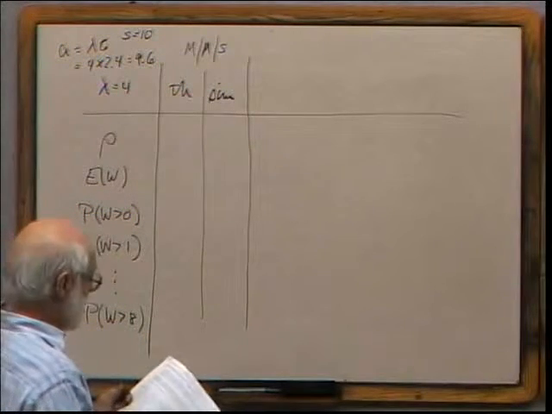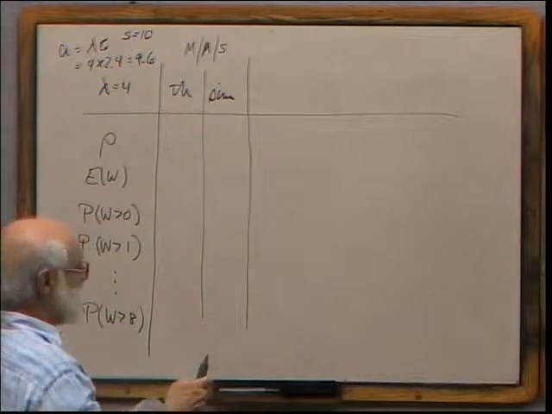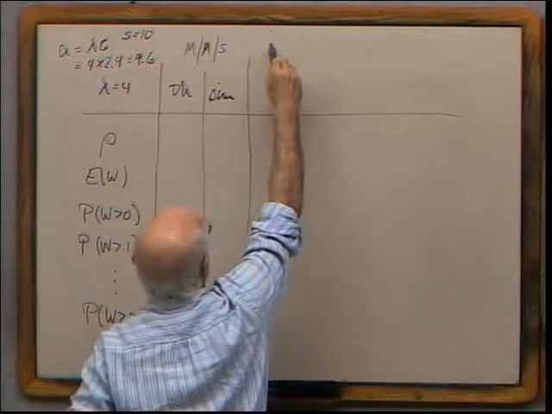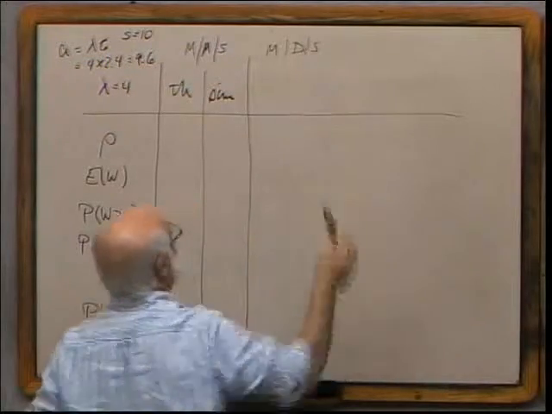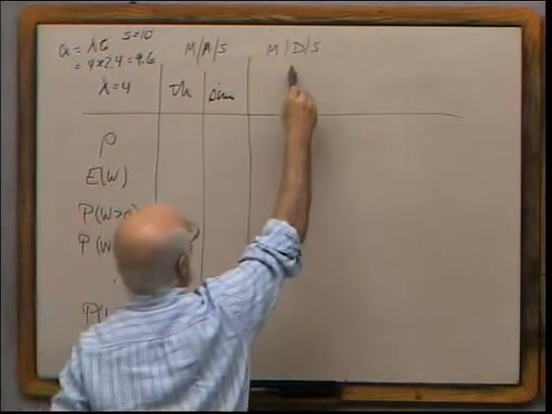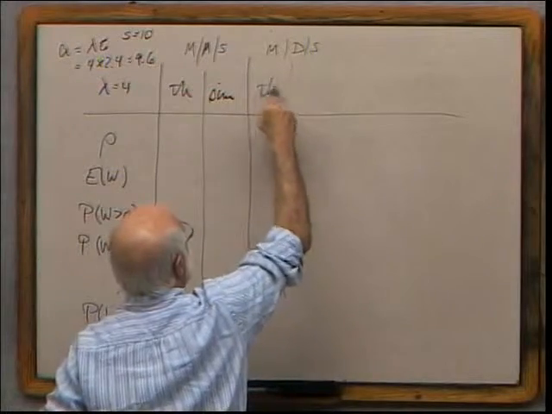Okay. Now, the second model was where the service times are constant. So in the standard queuing terminology, this would be the model MDS. The D stands for deterministic. And again, you have theory and you have simulation.